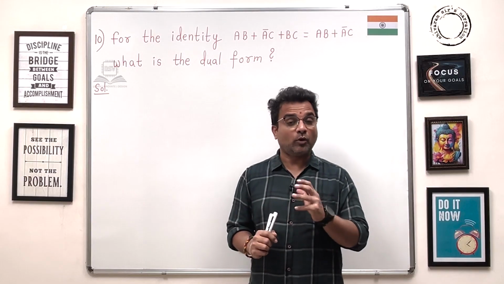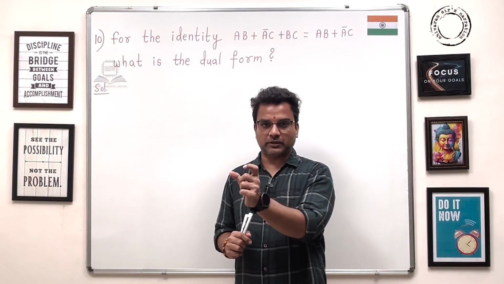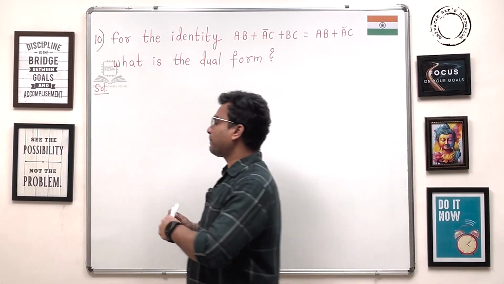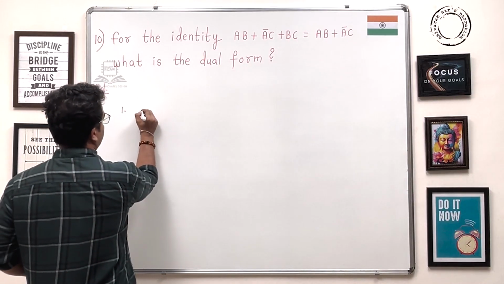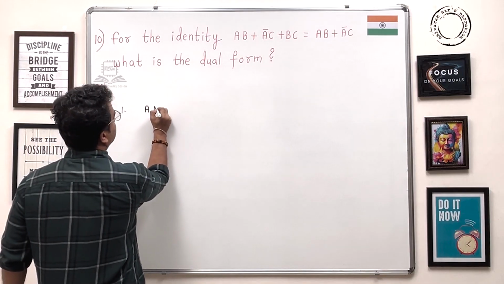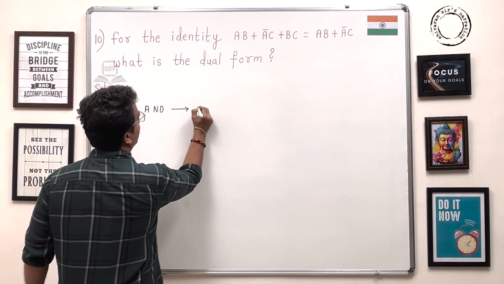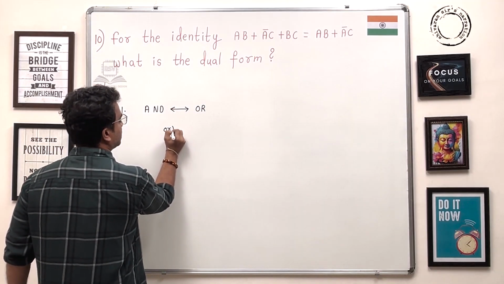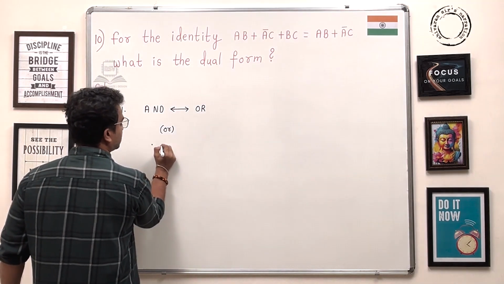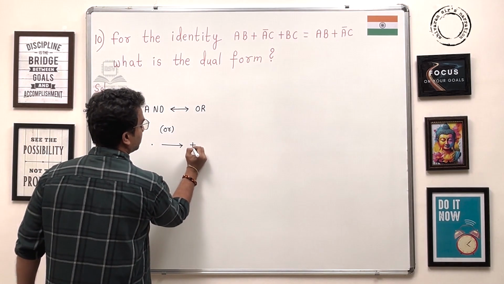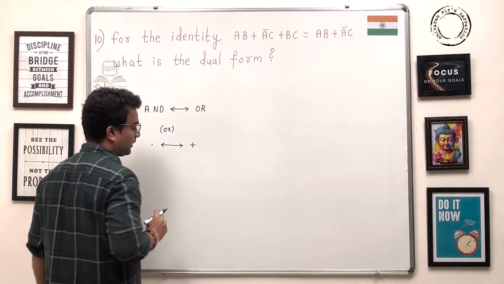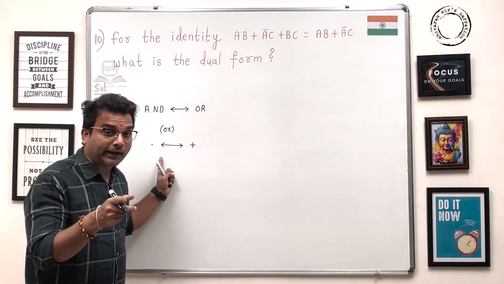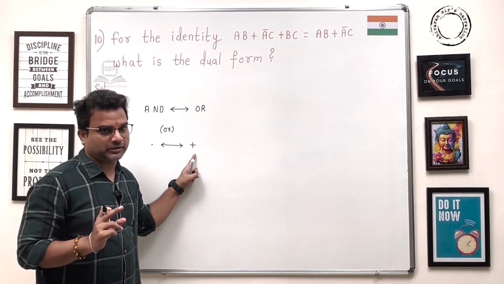Okay, now how to convert one particular expression into a dual expression? That contains 3 steps. Step number 1, we need to replace AND with OR, similarly OR with AND. Okay now guys, for better understanding you can remember it this way: dot can be considered as plus, plus can be considered as dot. In fact guys, in digital electronics, we need to call this dot the AND operation and this the OR operation.